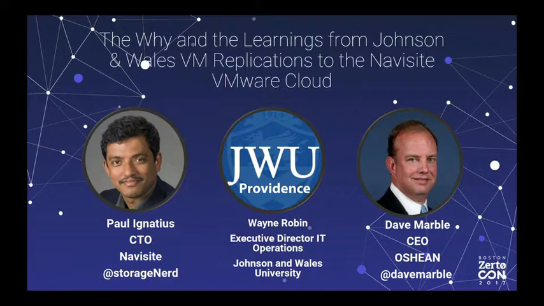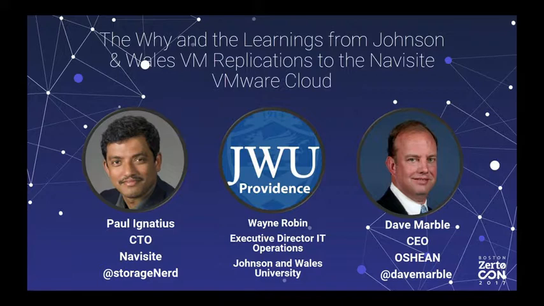So we've increased our SLA, our recovery time and recovery point, dramatically, and we saved money. Obviously the financial people at the university were very happy. I was very happy from the operational standpoint. One of the things the partnership of Ocean and Navisite provides is that Ocean provides our network connectivity.